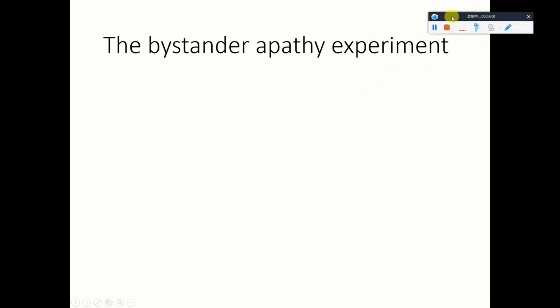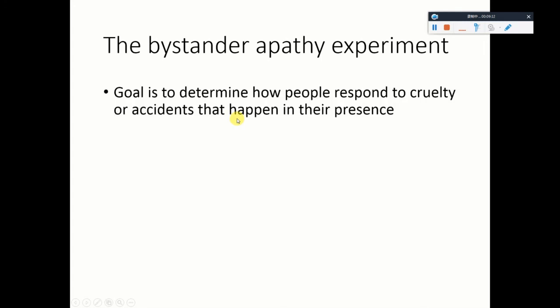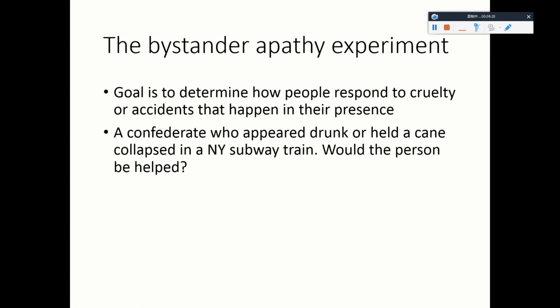A second example of the use of deception in research is a social psychological study, but it's also rather controversial. This study aimed at determining how people respond to cruelty or accidents that happen in their presence. How they did this is rather clever, I should say, scientifically.